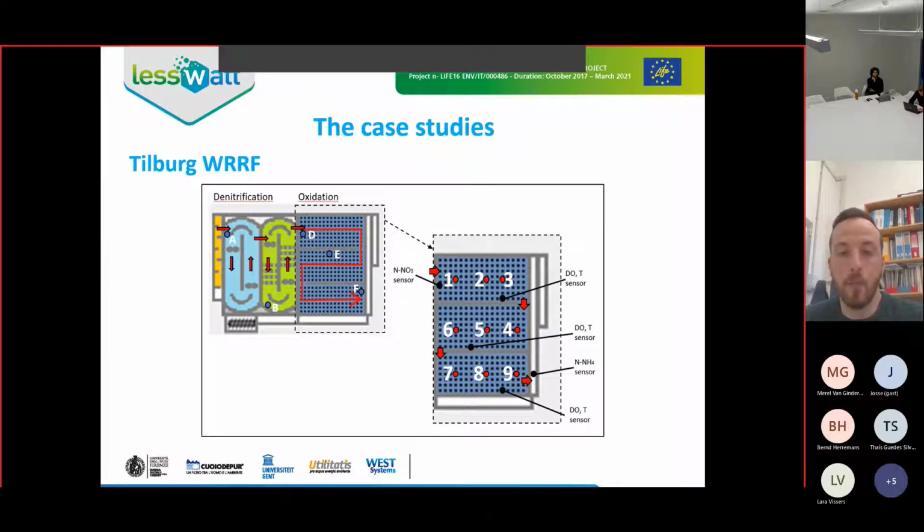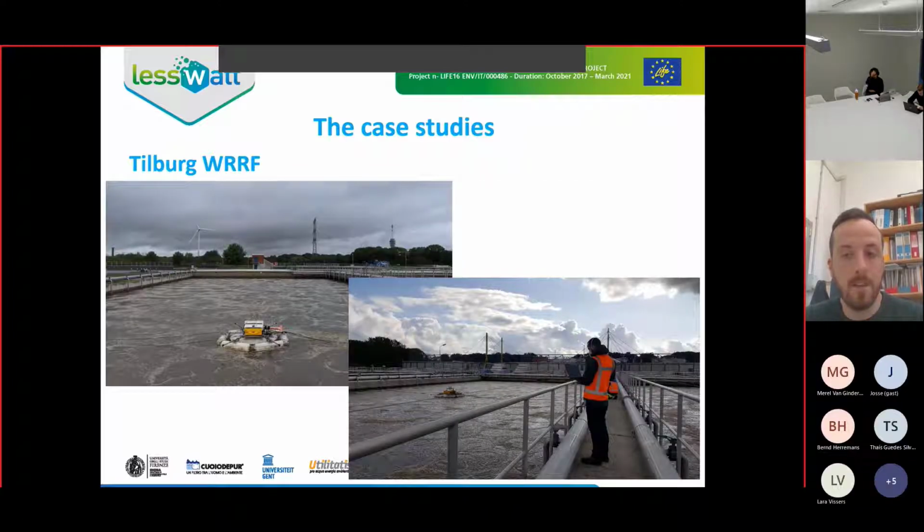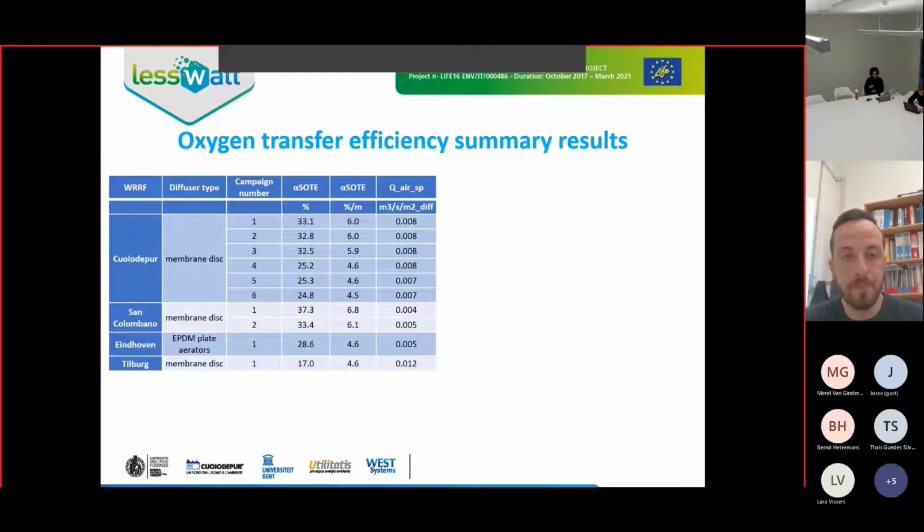This is an image with the measurement points in the aerated tank and the points in which we collected some samples for the analysis of the COD and nitrogen fractions. These are some pictures during measurement campaigns in the Stillborg plant.